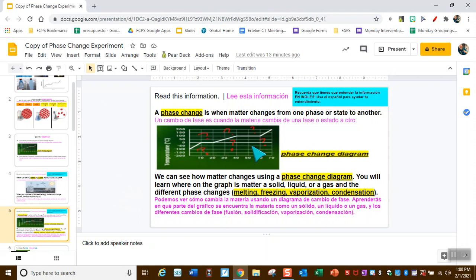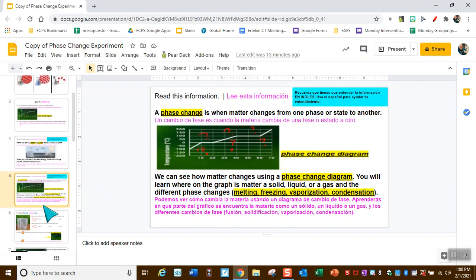So today you are going to learn what each part of this graph means so you can describe how matter changes phases, like solid to liquid, gas to liquid, liquid to gas, all of that amazing stuff.